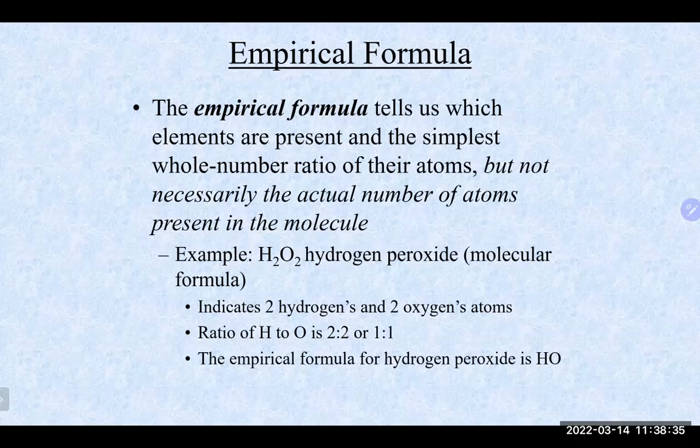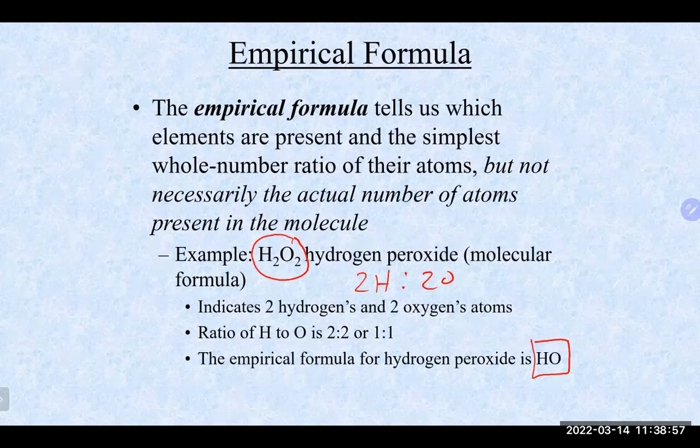So for example, if we looked at hydrogen peroxide, H2O2 is basically 2 hydrogens for every 2 oxygens. That is the same as a 1-to-1 relationship. So the empirical formula would be 1 hydrogen and 1 oxygen, HO.